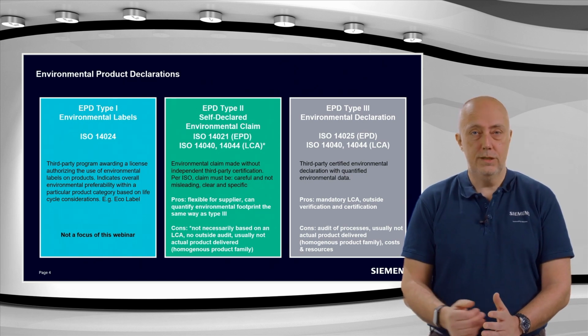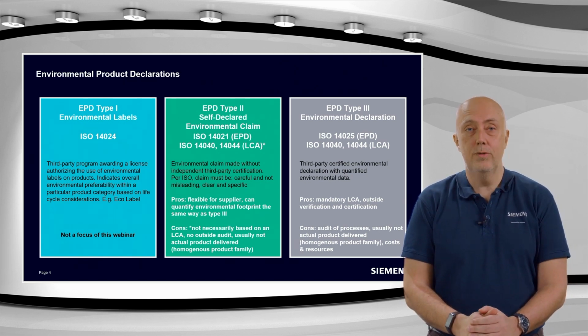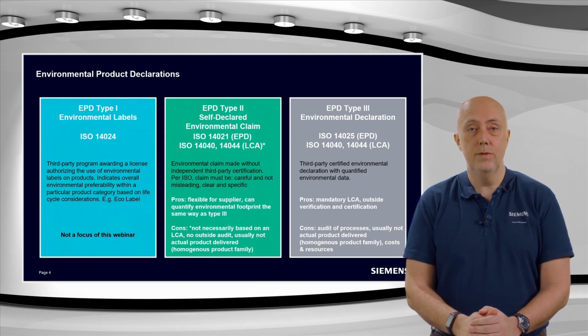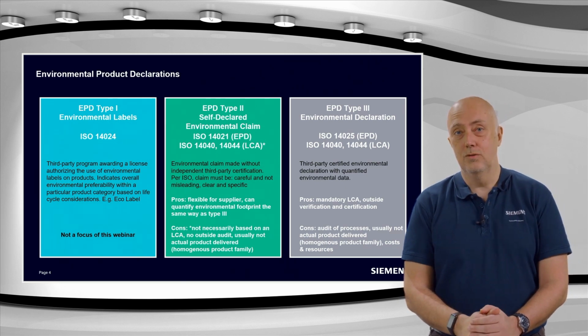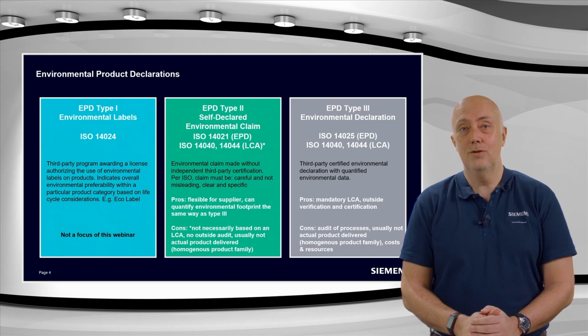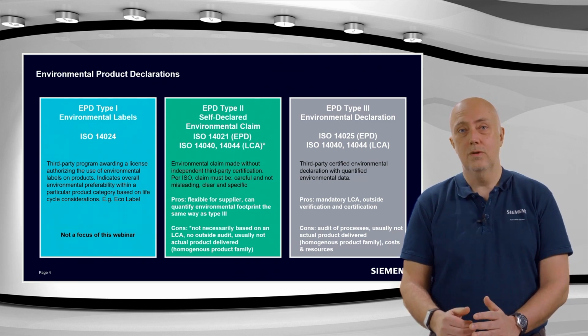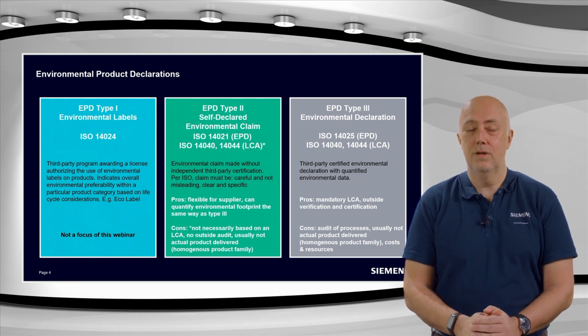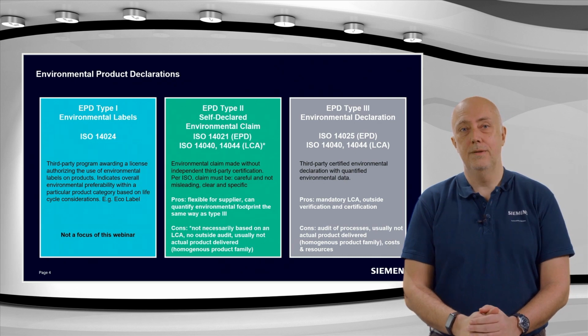There are initiatives such as the Product Environmental Footprint, or the PEF, from the EU Commission, or from the International Electrotechnical Commission, or IEC, to improve the standardization of the assumptions made inside an EPD.